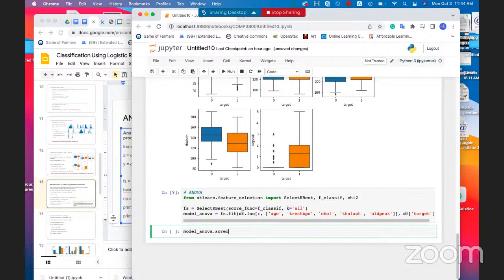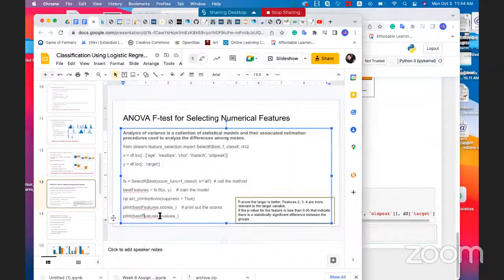I believe it's this one, scores. This gives us the F score for all the variables, and you can also print the p-value for each variable. Just copy the code for p-values.